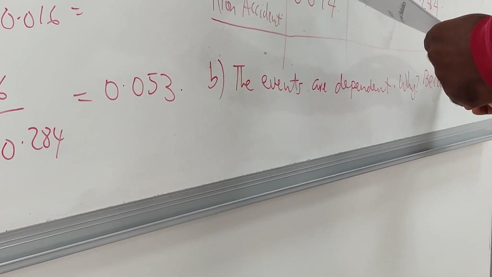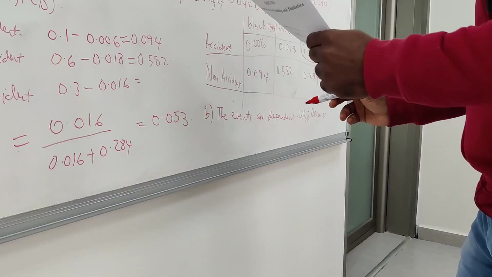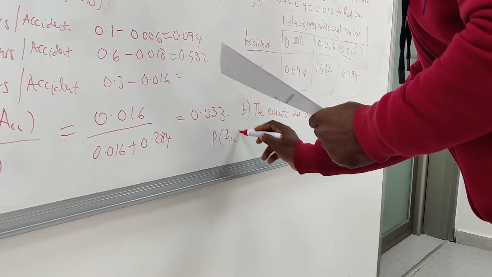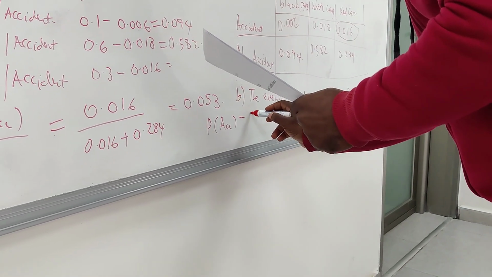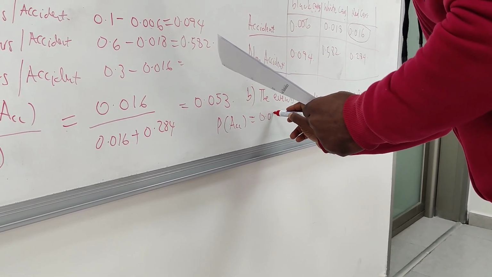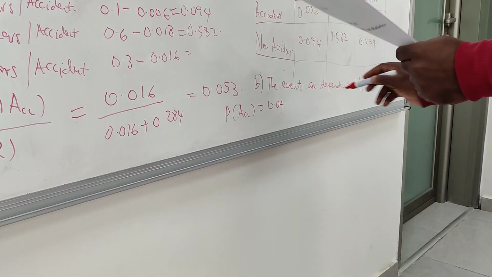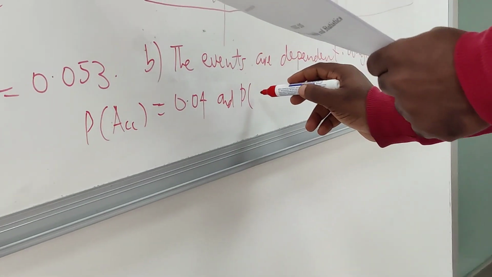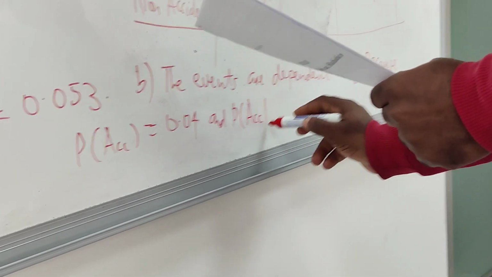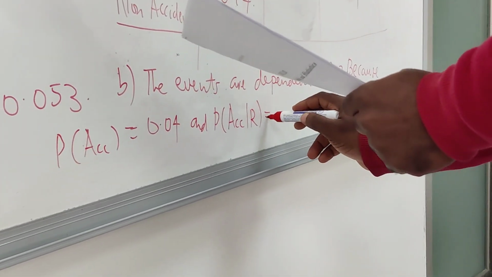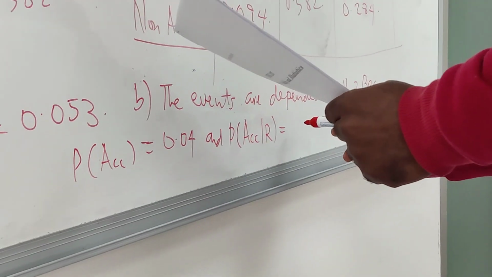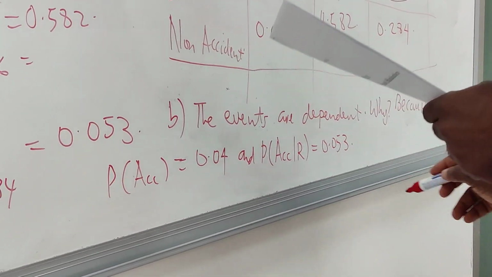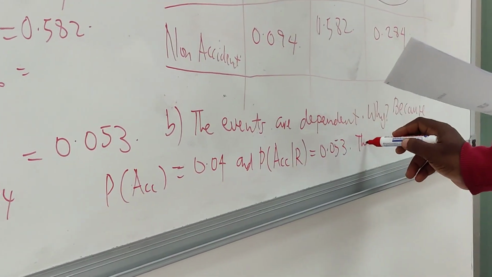Because the probability of accident is equal to 0.04 and the probability of accident given red cars is equal to 0.053. They are not equal.